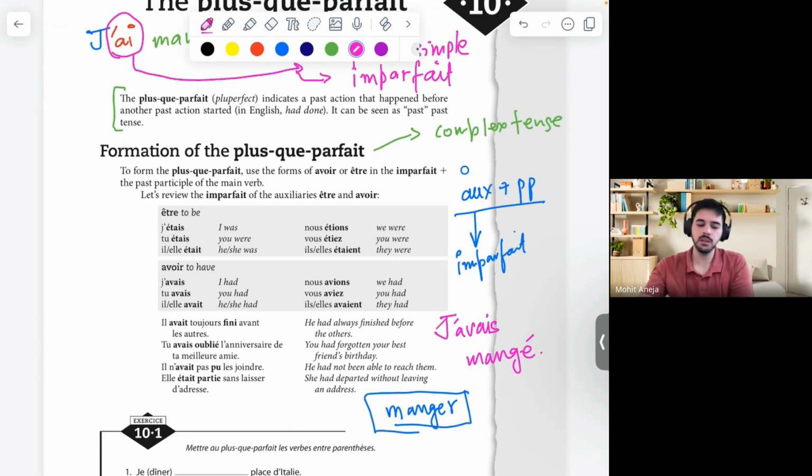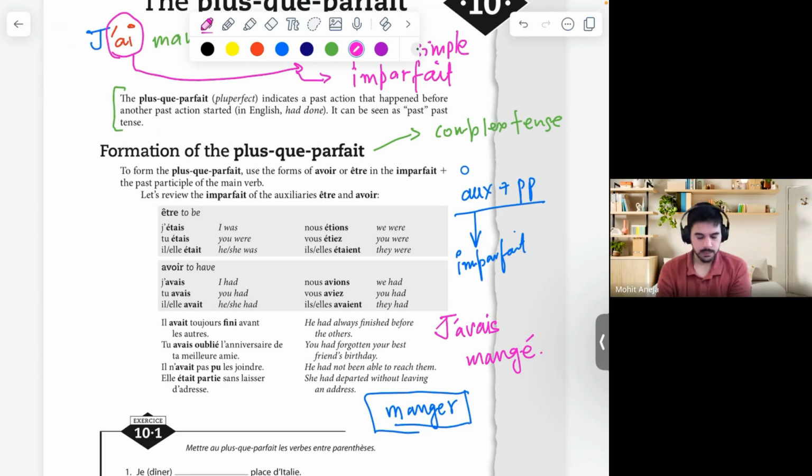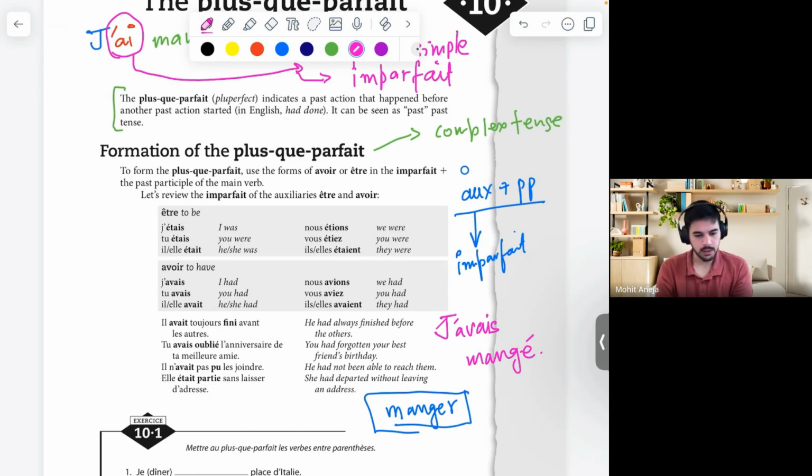Can Aishwarya tell us the conjugation for tu and il? Tu avais mangé, AVAIS. Oui, très bien. With the manger. And elle avait mangé, AVAIT. Oui, très bien. Okay. And Shalu, can you tell us the rest of the conjugations?